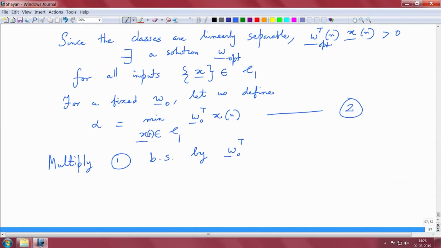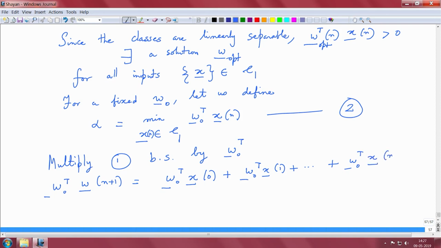When we do that, what we get is the following: W naught transpose times W of n plus 1 is W naught transpose x 0 plus W naught transpose x 1 dot dot dot W naught transpose x n. Now there are n plus 1 terms here.